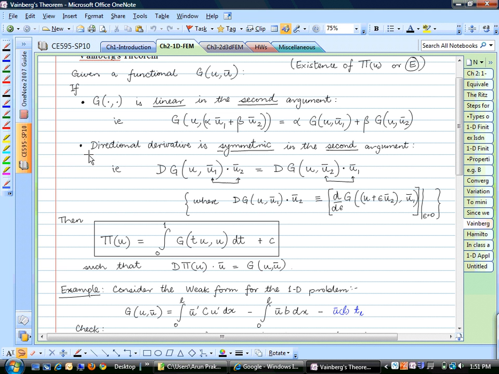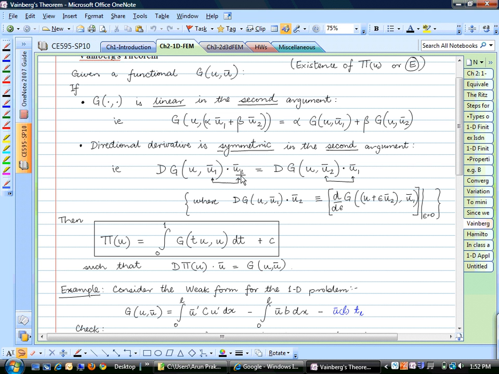The second condition is a little more tricky. What we want to say is that the directional derivative of G has to be symmetric in the second argument. So what we are essentially saying is that we have our weak form. If we try to calculate the directional derivative of that weak form in another direction, then that has to be equal to the weak form in that other direction, so the directional derivative of G in the direction ū1 dotted with ū2 has to be equal to the directional derivative of G in the direction ū2 dotted with ū1.